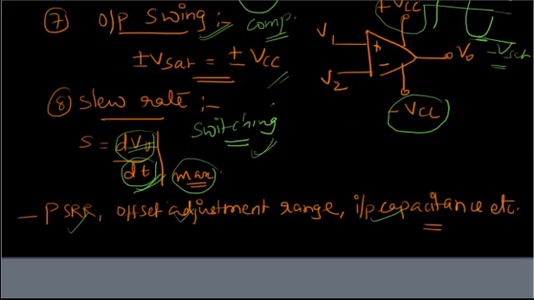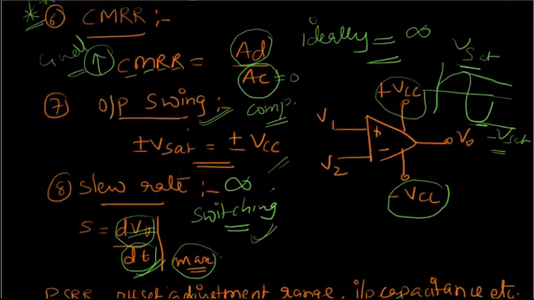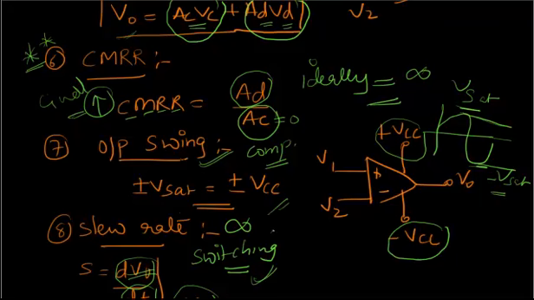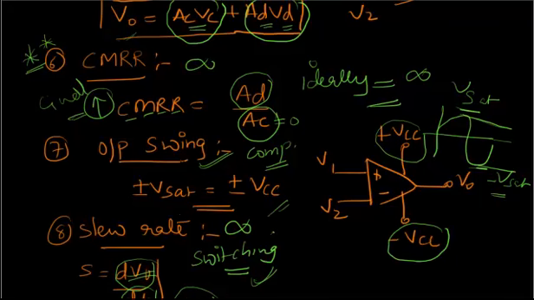Before we end this topic, let's see what the ideal values of all these parameters are, because we need a very brief idea about how they behave. As you can see, the slew rate should be infinity when the op-amp is ideal. Output swing is anyway VSAT. CMRR should be as high as possible, so it is also infinity.